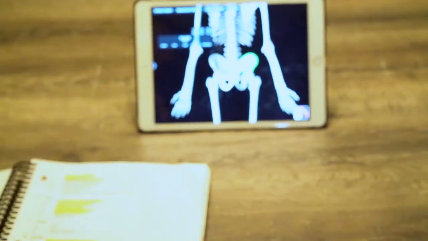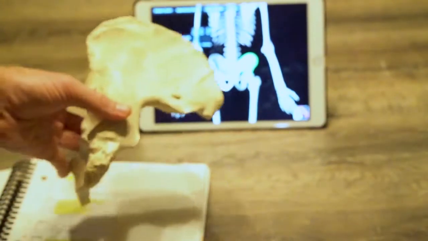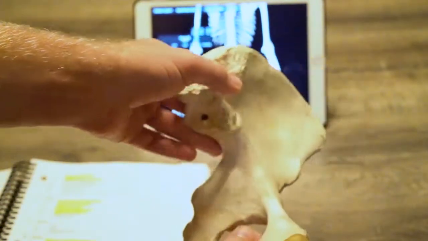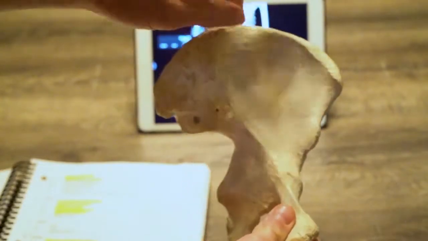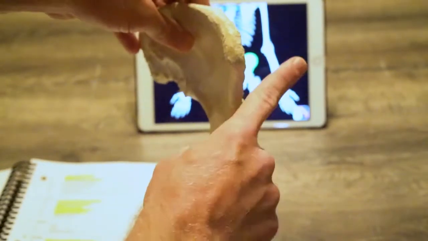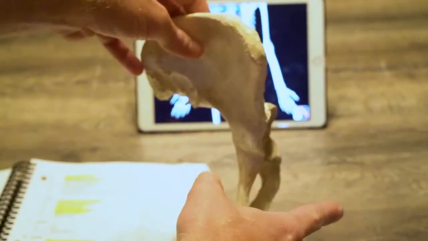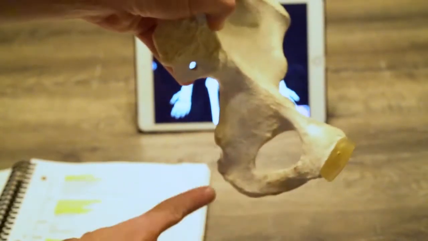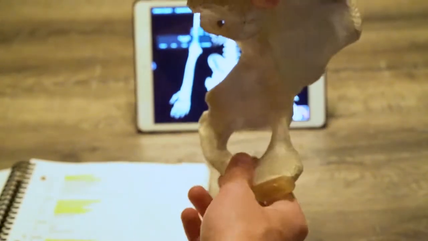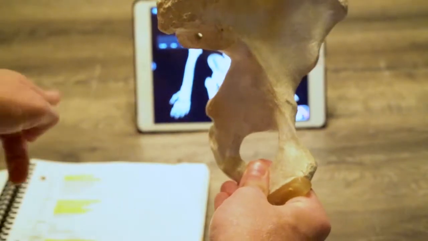Okay, so next you need to figure out if you have a right or left os coxa just by looking at it. A couple things to keep in mind. I already mentioned these, but this crest should be facing superior, and this crater that's making the hip joint should be facing lateral. The last piece of information you should look for is this spine that's on the ischium, because this needs to face posterior. So this needs to point backwards.